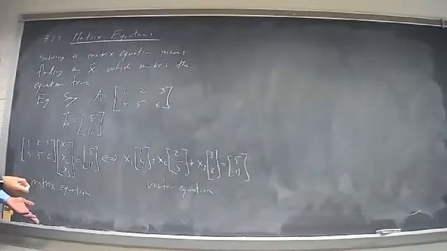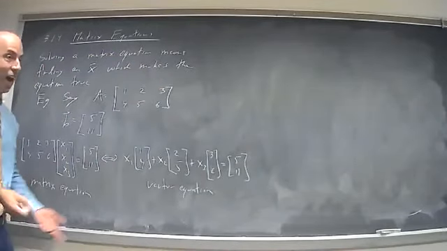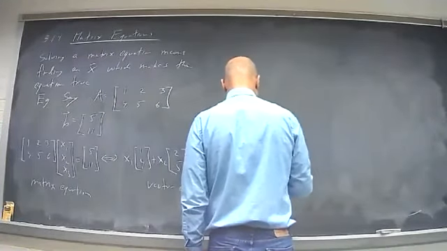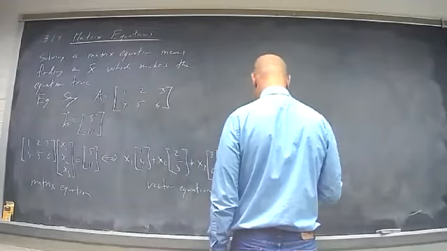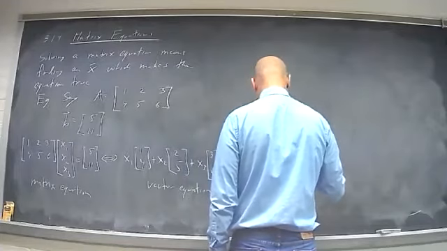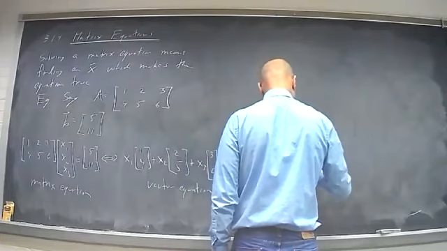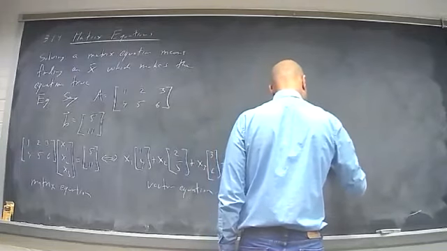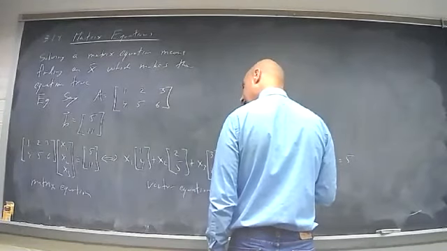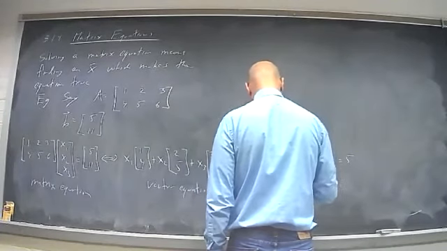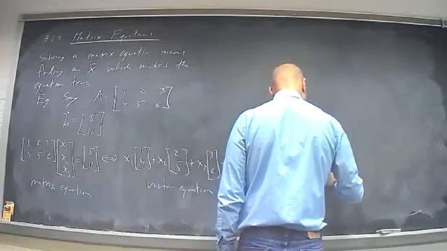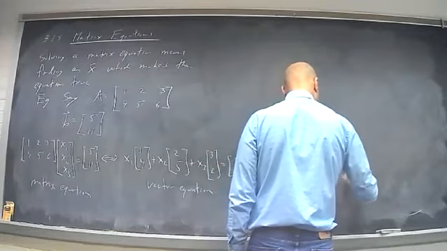Which is exactly equivalent. I could go ahead and write this as a system of linear equations. I could have written x1 plus 2x2 plus 3x3 equals 5, and 4x1 plus 5x2 plus 6x3 equals 11.